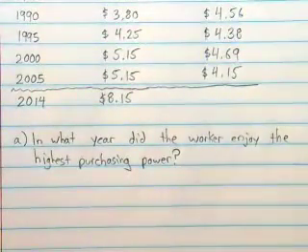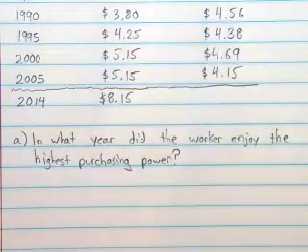Now that one you might be able to just get off the table too. This one is kind of an easy question that way. But what year was it? When was the purchasing power the best?